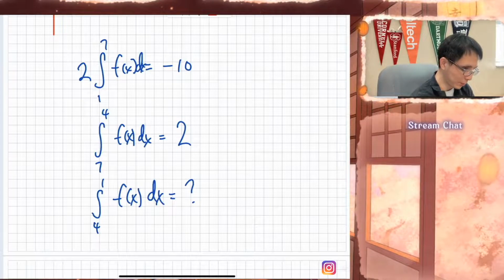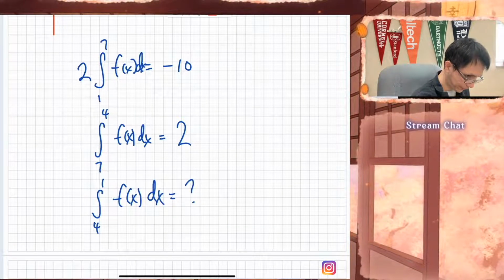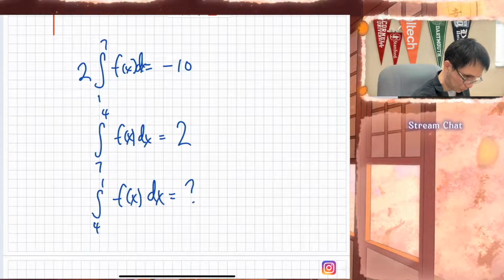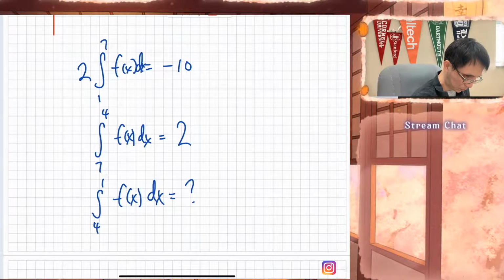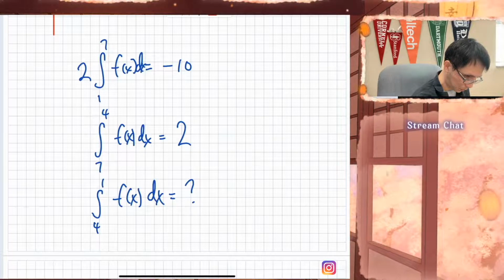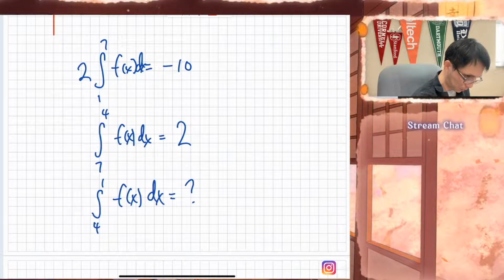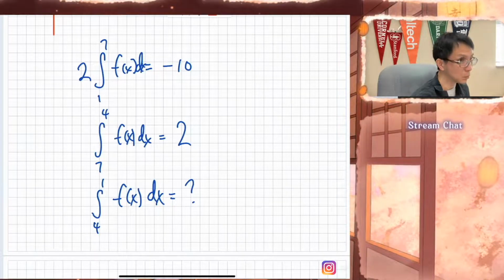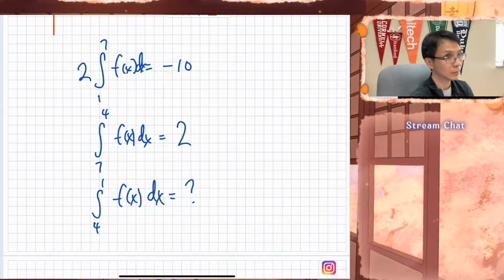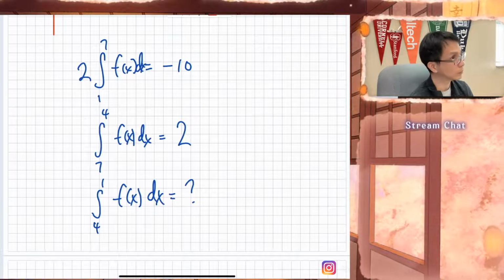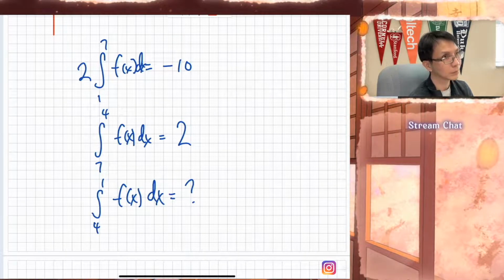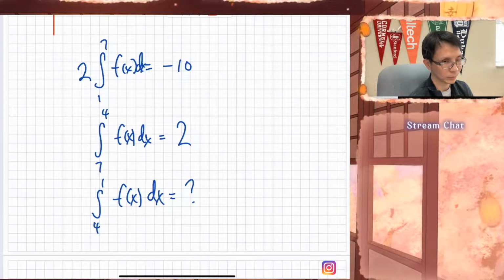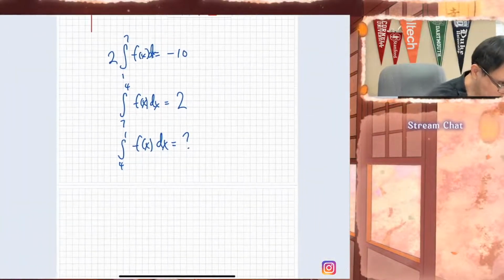I think that'll be a better way to not get confused. 1 to 7, and 4 to 7. Find 1 to 4.